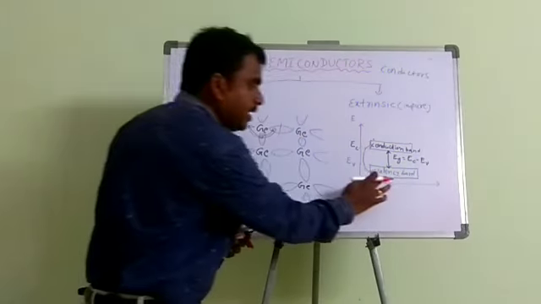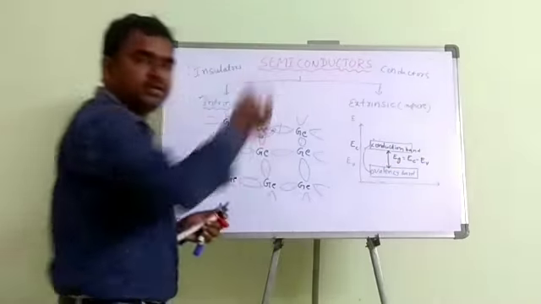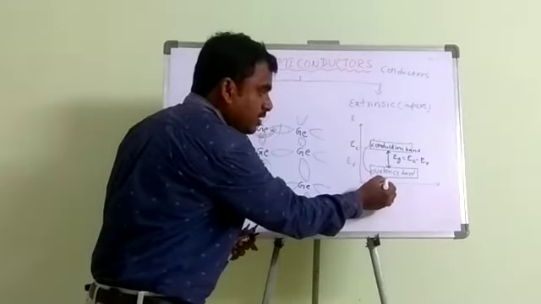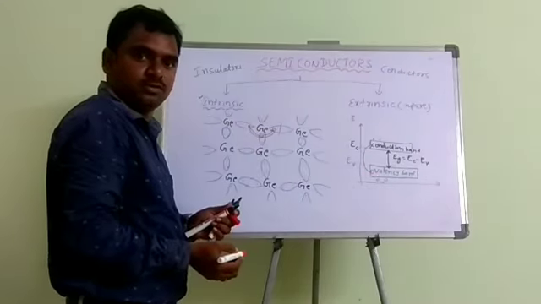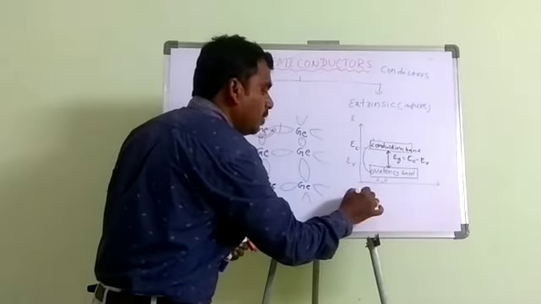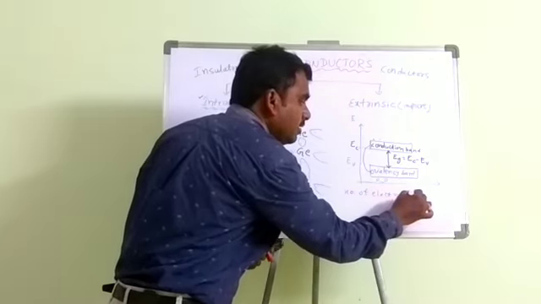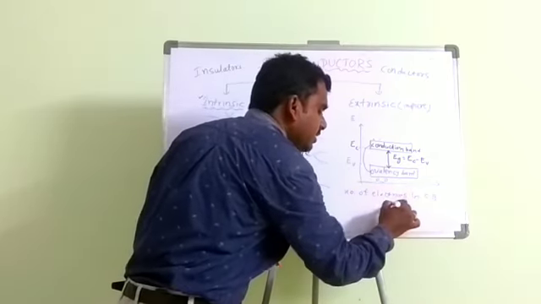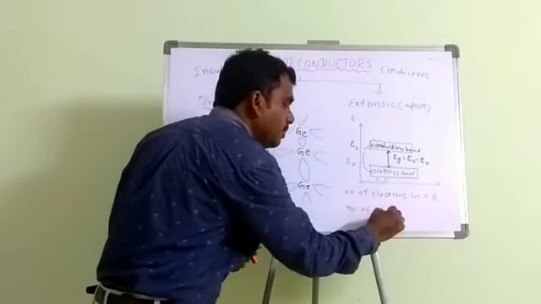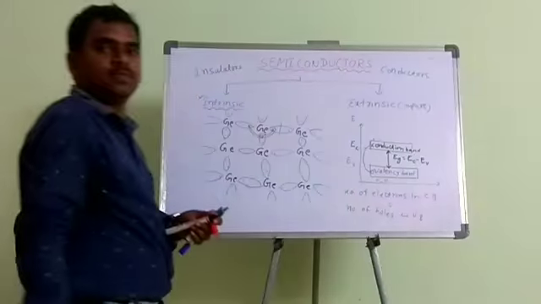Once the bond breaks, these electrons make a transition from the valence band to the conduction band, and in the valence band you get holes. That means in an intrinsic semiconductor, the number of electrons in the conduction band equals the number of holes in the valence band. That's it.